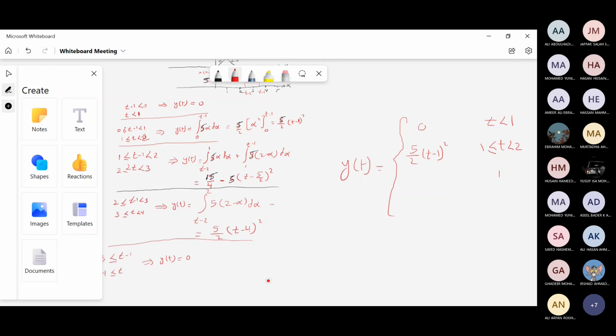And for t greater than or equal to 2 but less than 3, it's equal to 15 over 4 minus 5 multiplied by (t minus 5 over 2) all squared. And for t greater than or equal to 3 but less than 4, it is equal to 5 over 2 (t minus 4) all squared. And for t greater than or equal to 4, it is equal to 0 again.